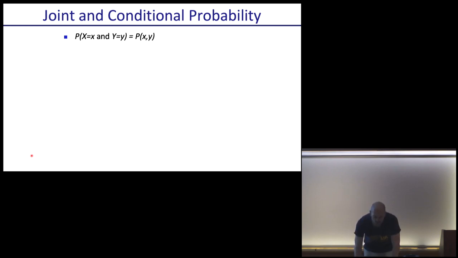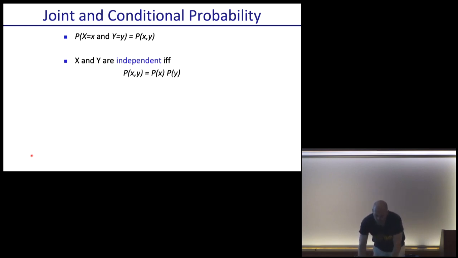All right, so the joint distribution over x and y is denoted this way. Then in simple scenarios, x and y might be independent, meaning that the probability of x and y taking on specific values, small x, small y, is the probability of x taking on value x times the probability of y taking on value y.